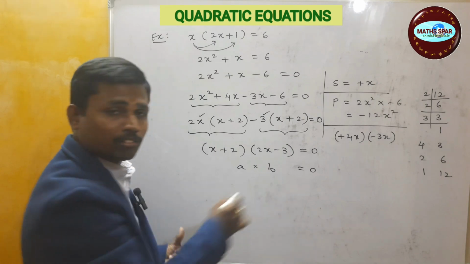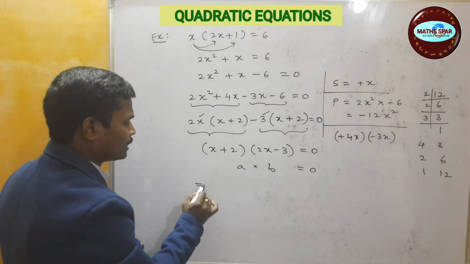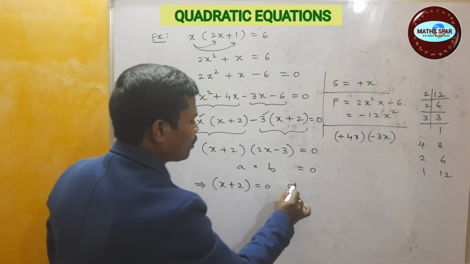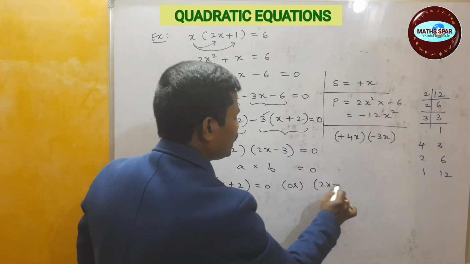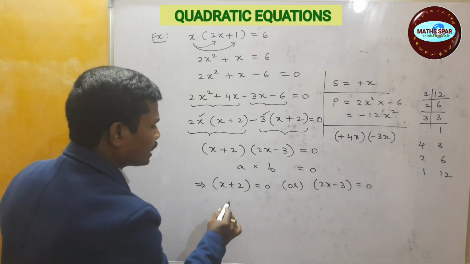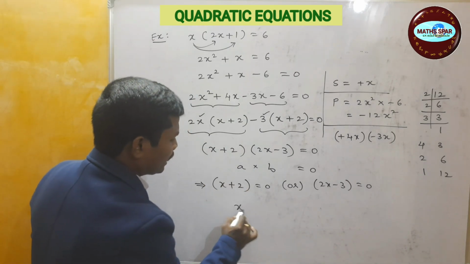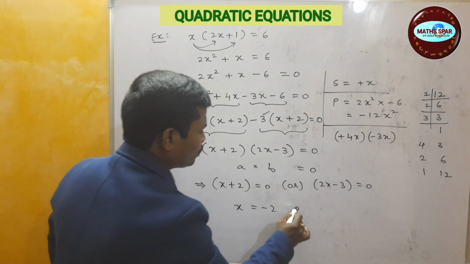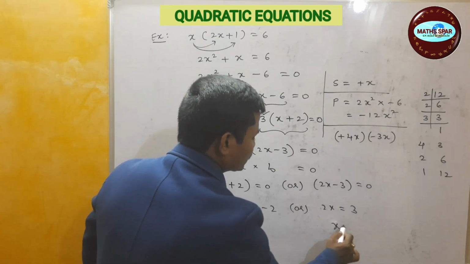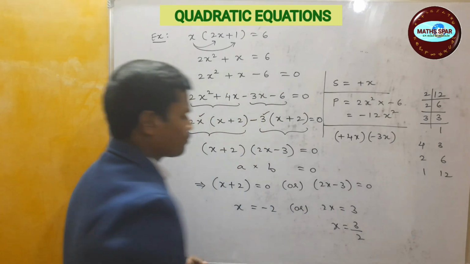That is A into B is equal to 0, which can be written as either A is equal to 0 or B is equal to 0, which can be further simplified as x is equal to minus 2 or 2x is equal to plus 3, that is x is equal to 3 by 2.